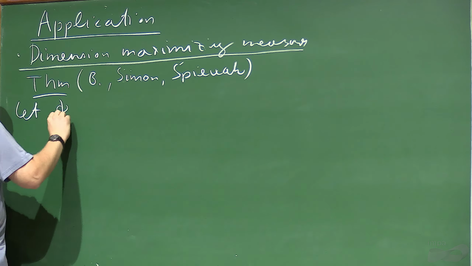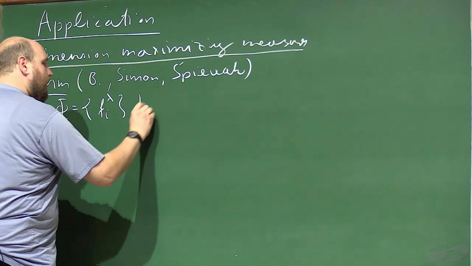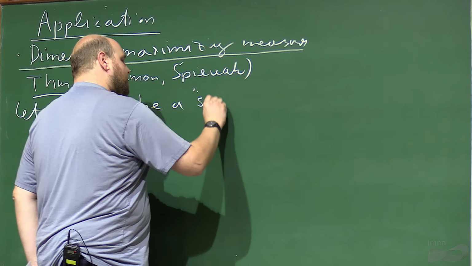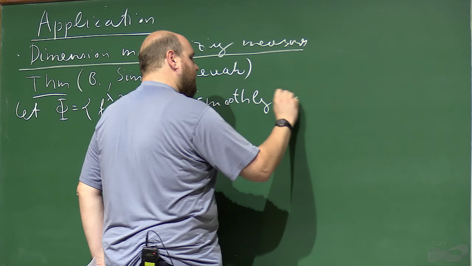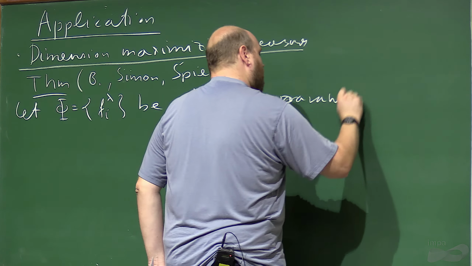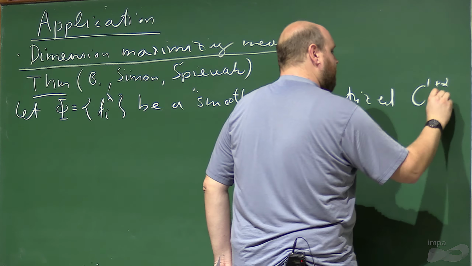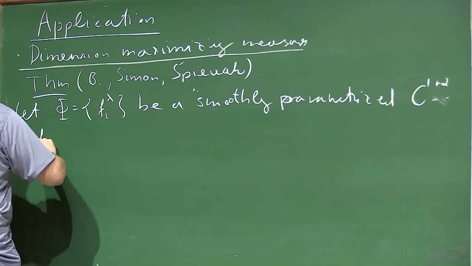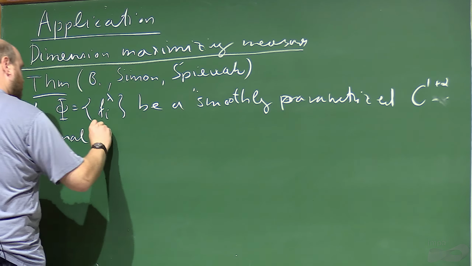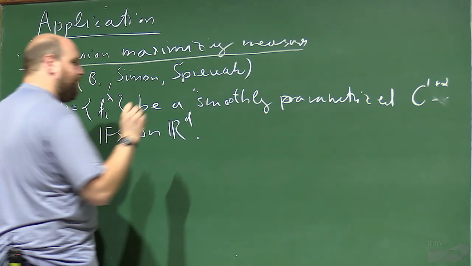Let phi of i lambda be a smoothly parametrized C1 plus alpha conformal IFS on R^d.